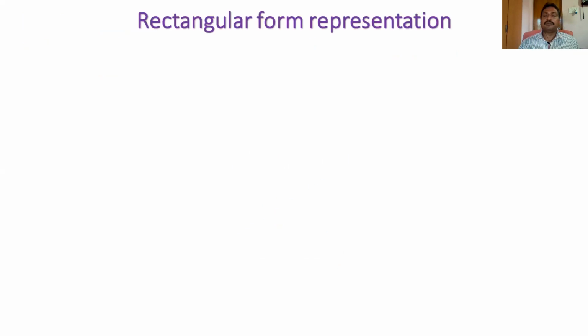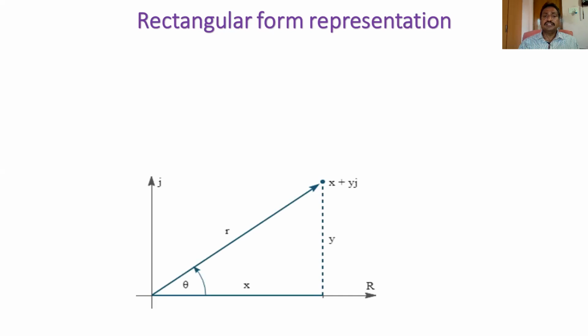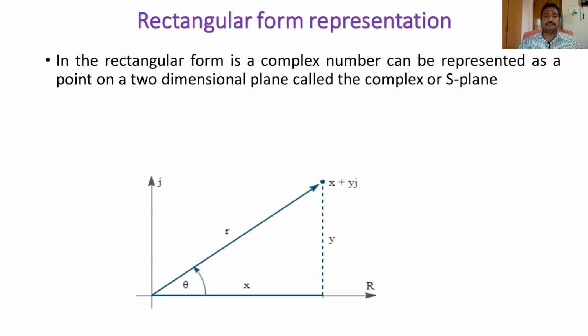Then rectangular form representation. What is this rectangular form representation? It is a complex number. Generally, it is a complex number that we want to represent. That number can be represented as a point on a two-dimensional plane, nothing but the x-axis and y-axis. The x-axis is considered as the real part, and the y-axis is considered as the imaginary part.